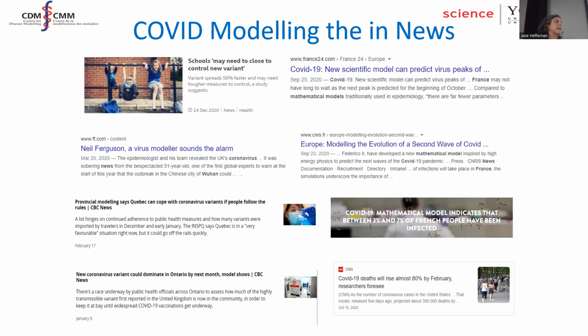One thing that was interesting is looking at how the community and our families became more aware of models during the COVID-19 pandemic. There were models in the news. There was even a huge news story that Neil Ferguson, a mathematical modeler in the UK, wasn't abiding by the public health mitigation strategies in the UK.